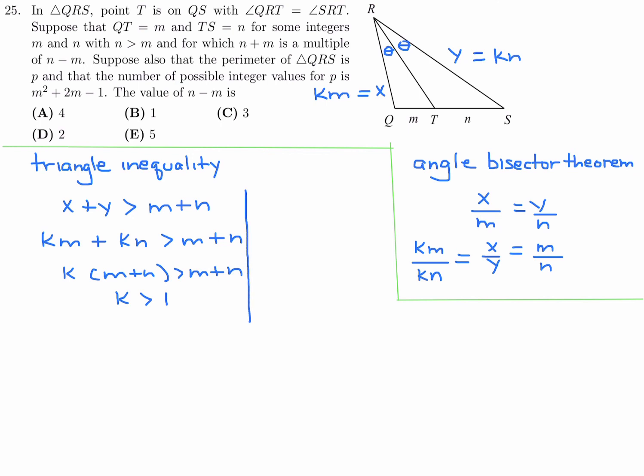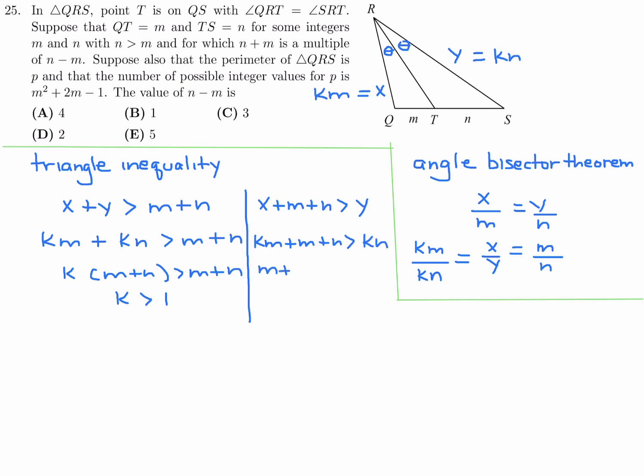Now I will use the triangle inequality again, but this time two different sides. I will compare this plus this to be greater than the third side. So it would be X plus M plus N is greater than Y. Well, again, instead of X's, I'll put Km plus M plus N, and then instead of the Y, I'll put the Kn.